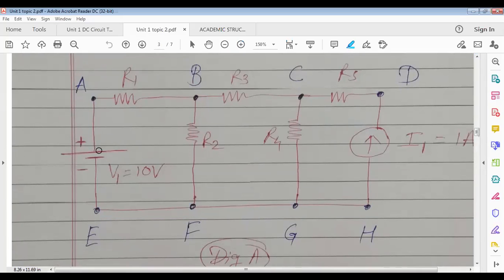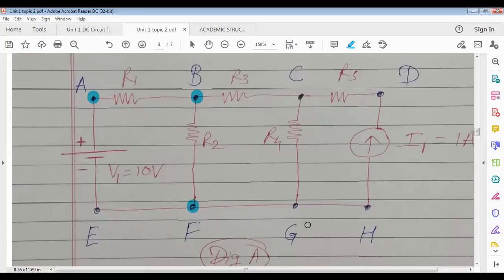Now observe node A, or junction A. At junction A, how many branches meet in the first diagram? Two branches, correct. At node B, how many branches meet? Three branches meet, correct. At F, how many branches meet?